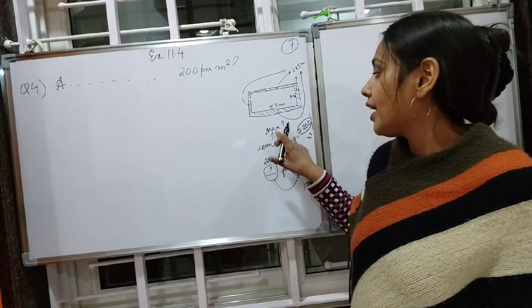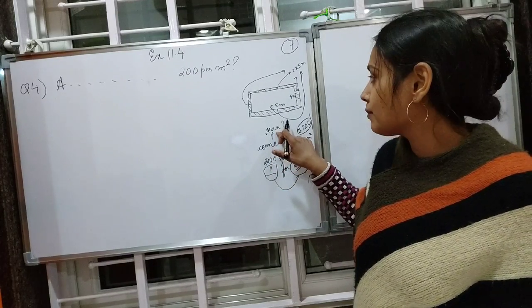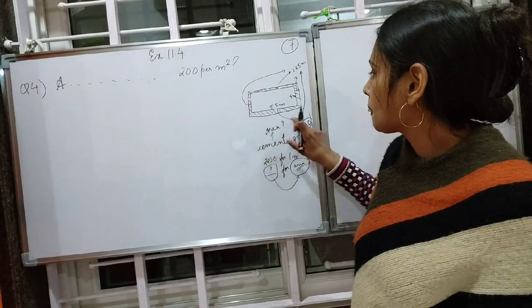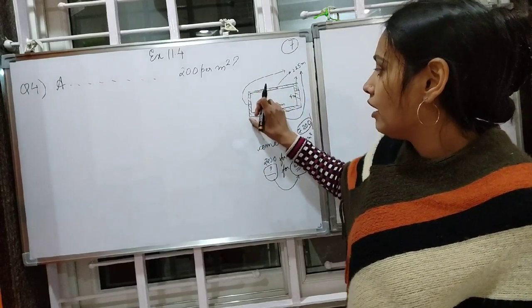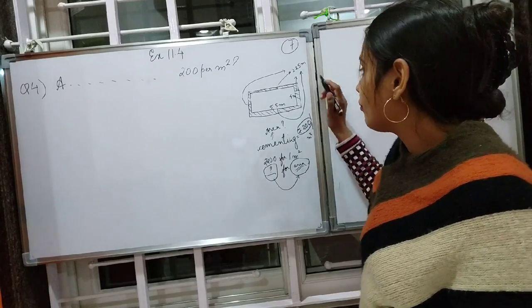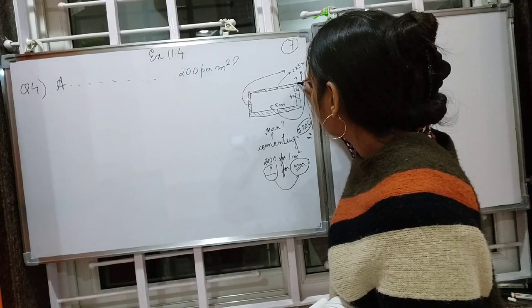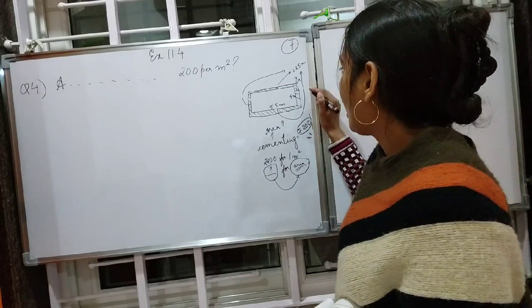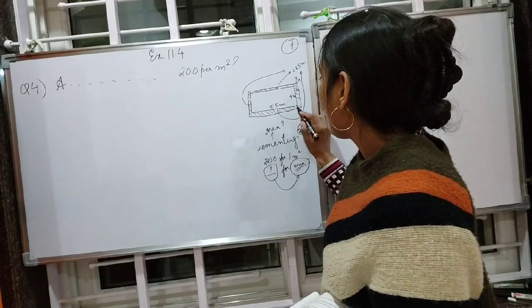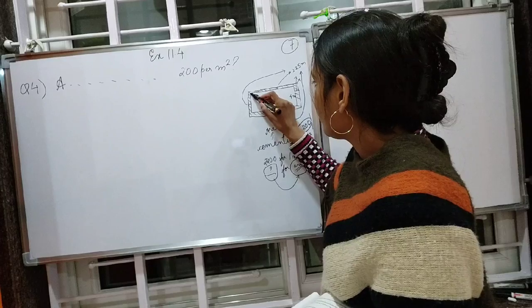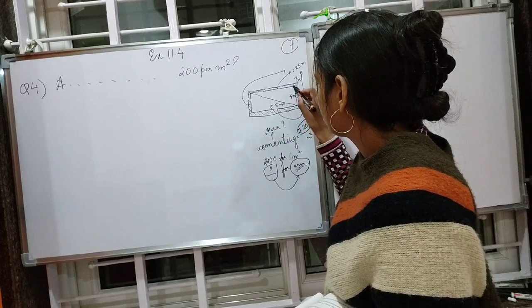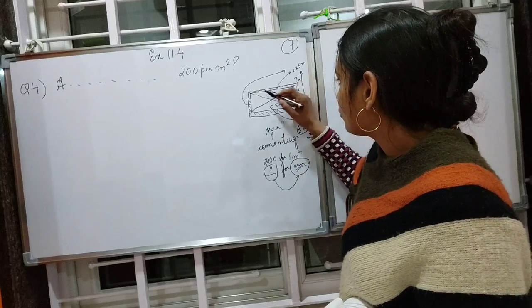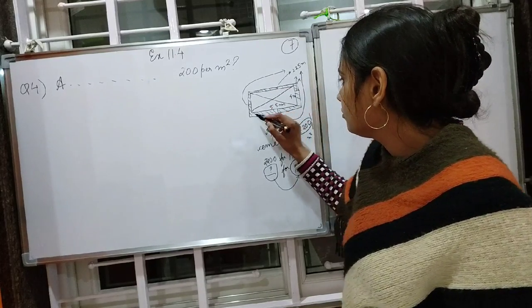Now for finding the area, going back to the first step, children, for finding the area of this veranda, we will have to find out the area of this rectangle, the new rectangle formed, correct? And from this area of the new rectangle, if we remove this area, then we will come to know the highlighted area.